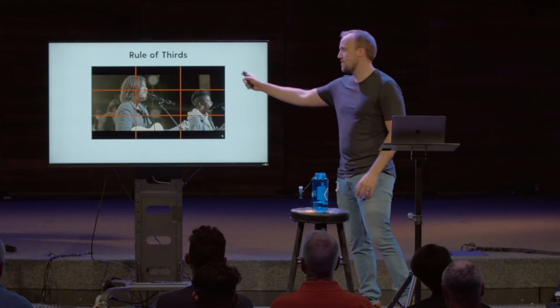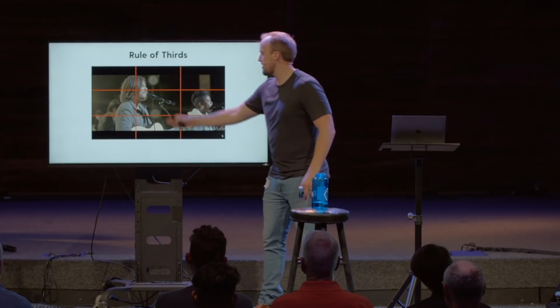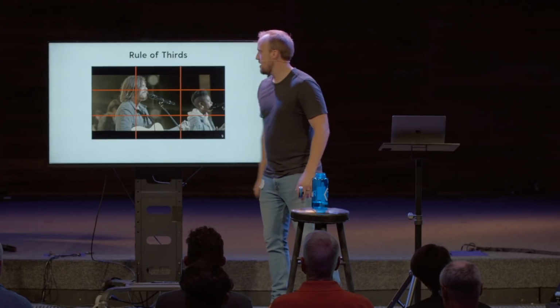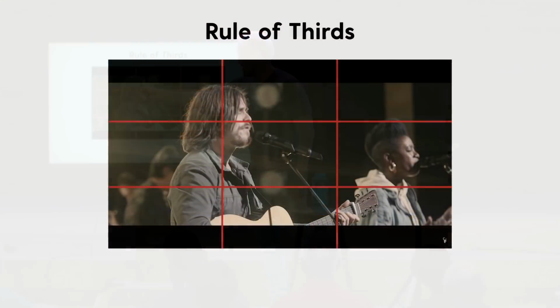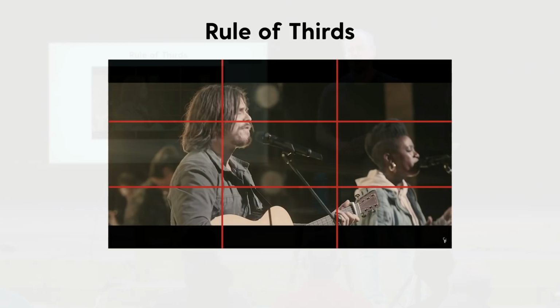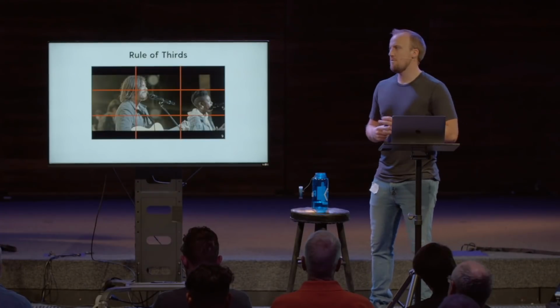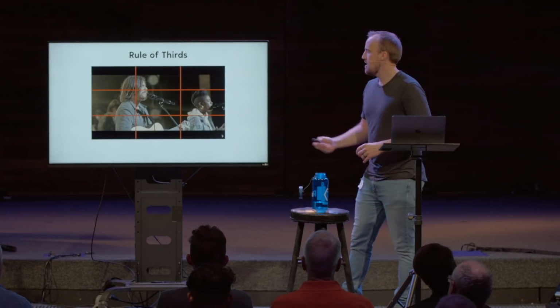Another important concept, the rule of thirds. If you divide your frame into three sections with these grids, you can see they put Corey Asbury perfectly on this left third intersection, the left and upper intersection here. The rule of thirds is something to think about if you're not just center framing a shot like you usually would a communicator, maybe you're trying to be more creative with filming worship like they are here.